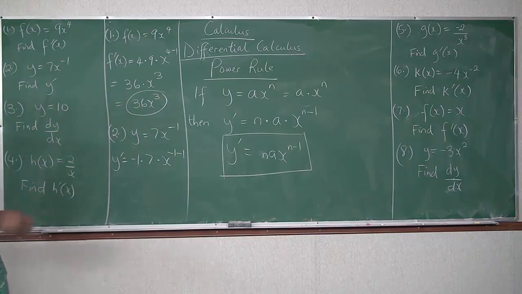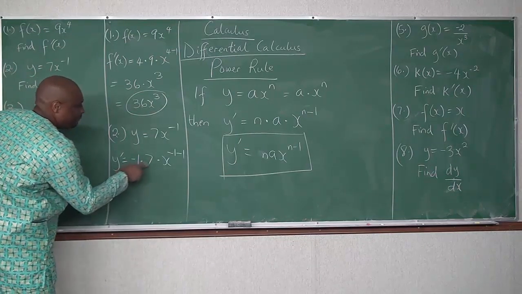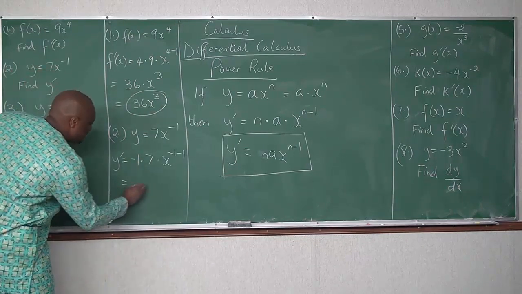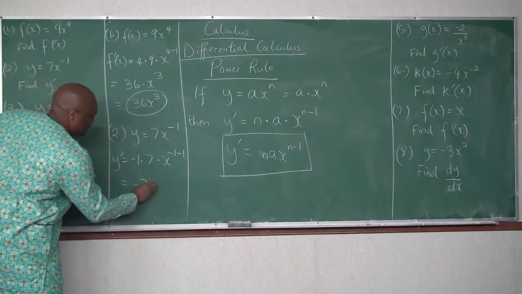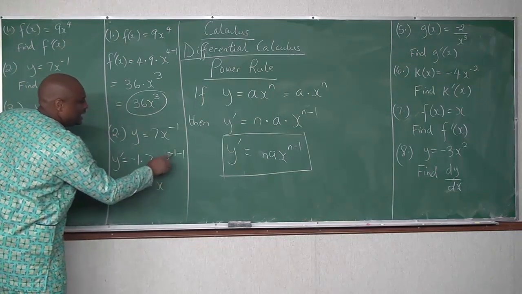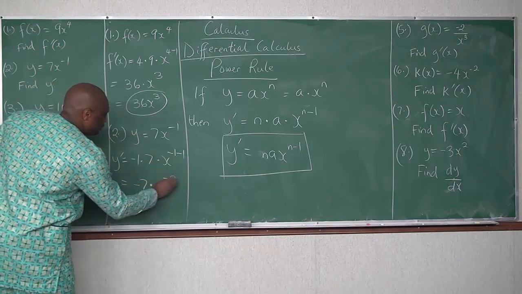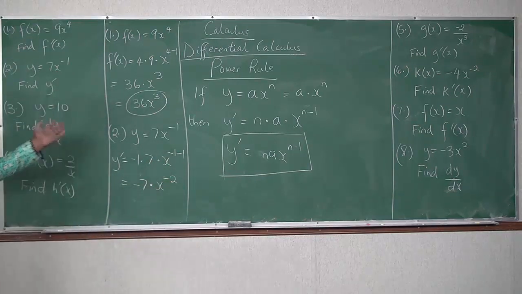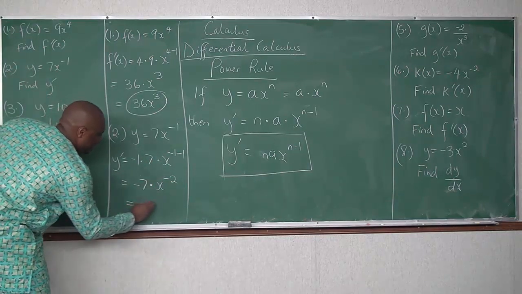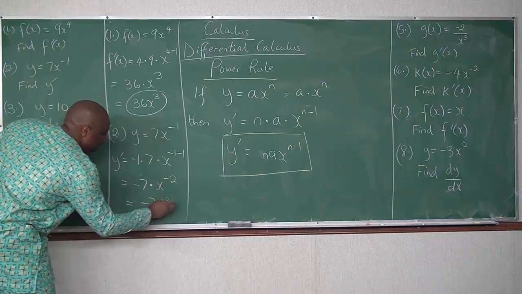See that? So this will be negative 1 times 7, which is negative 7, times x, negative 1 minus 1 is minus 2. And then you join them. This is now minus 7x exponent minus 2.